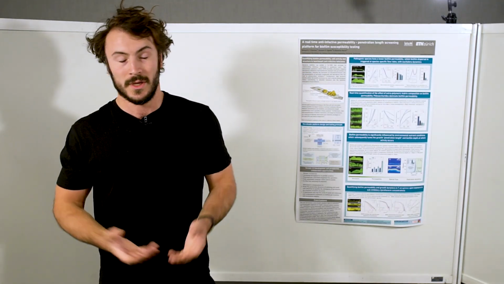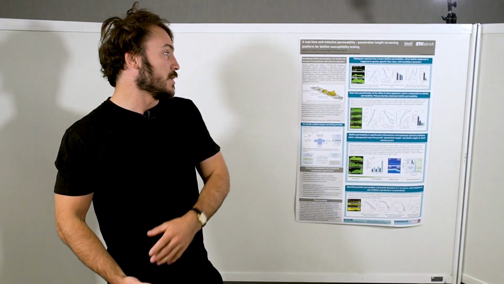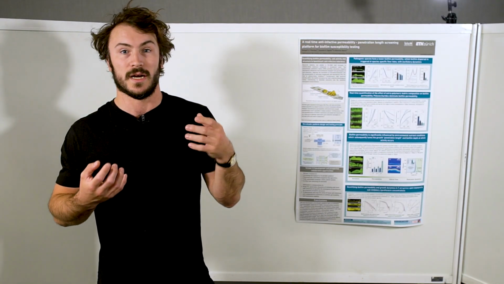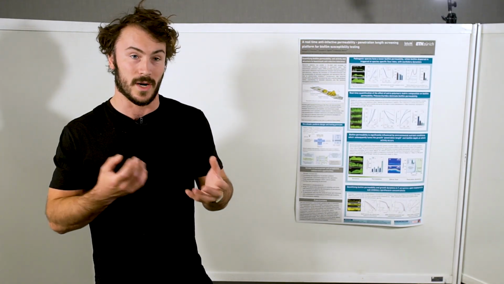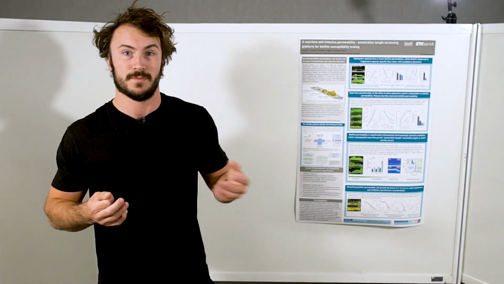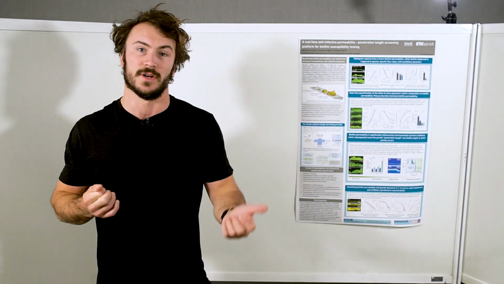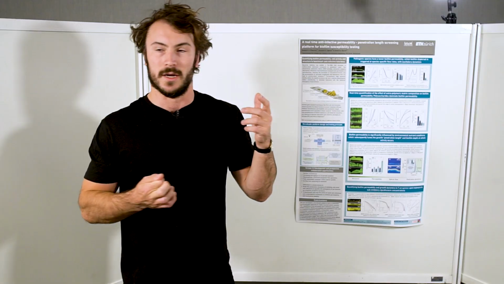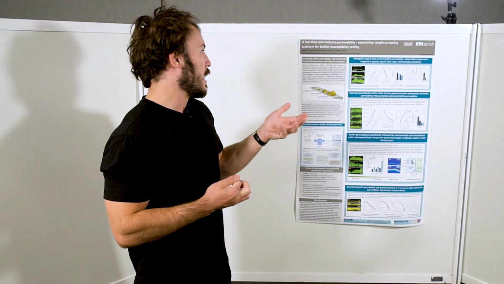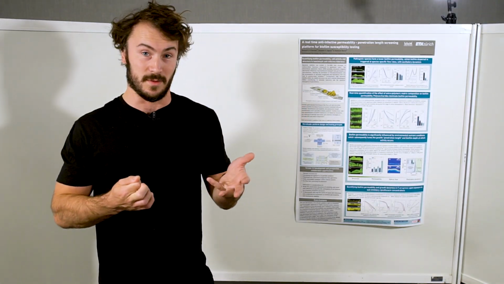So the first part of the poster, we measure the hydraulic resistance of different wild-type biofilms. In this part of the study, we looked at Pseudomonas aeruginosa, E. coli, Bacillus subtilis, and Staphylococcus epidermidis.